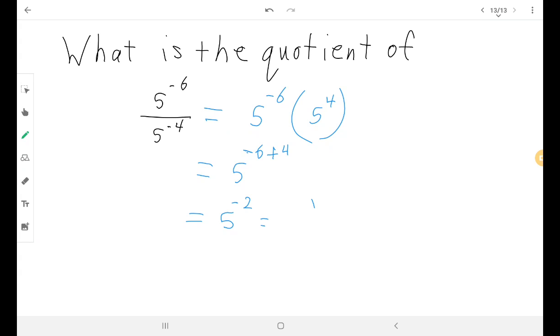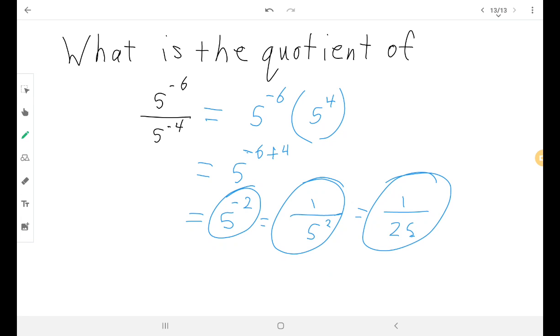And that's like 1 over 5 to the second, which is the same as 1 over 5 times 5, which is 1 over 25. And again, this is an acceptable answer, this is an acceptable answer, this is also an acceptable answer. I'll pause here for a moment to see if there are questions, and that will be it for this section. Thank you.